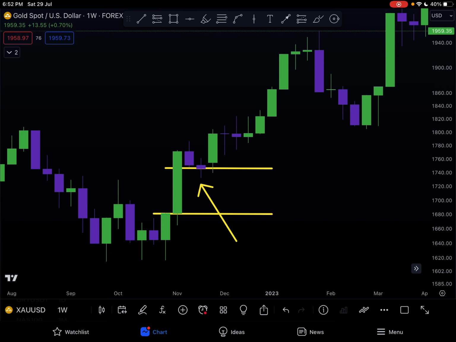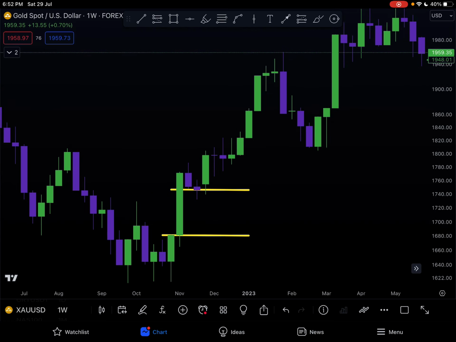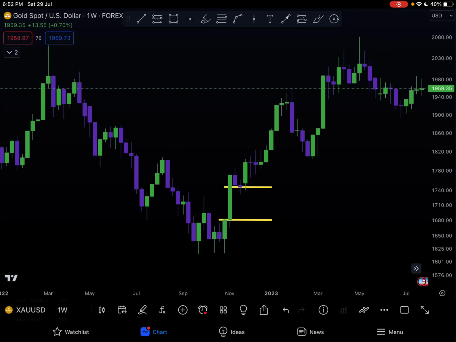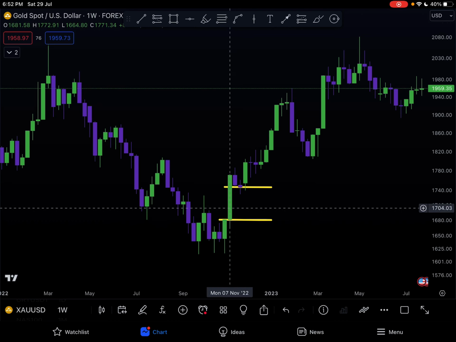Now give it a second. Light bulb gonna go off in a second, right? The thing about this, okay, buy side imbalances or sell side imbalances are actually one side of the market where basically all the liquidity that's delivered is one-sided. There's nothing but buying in here.